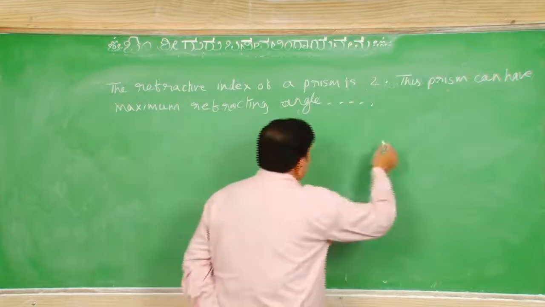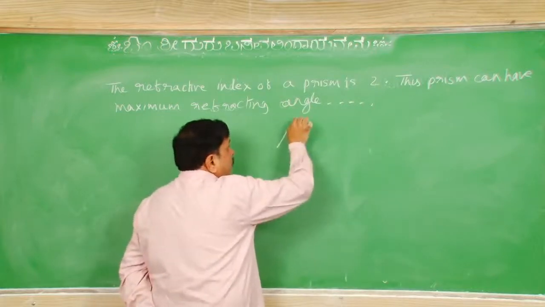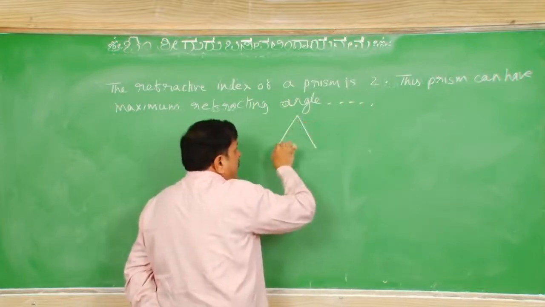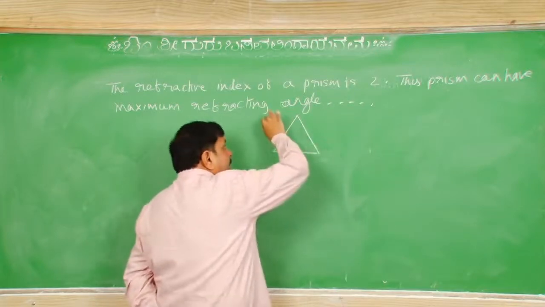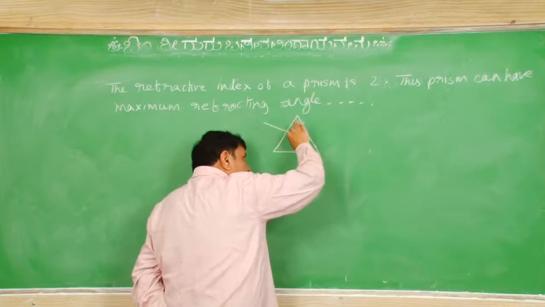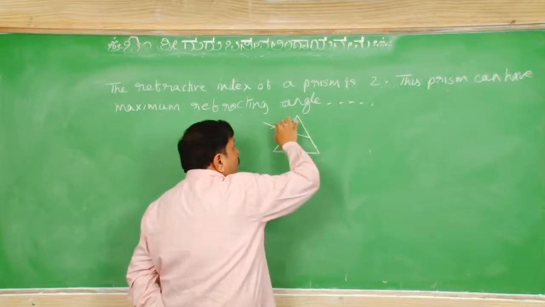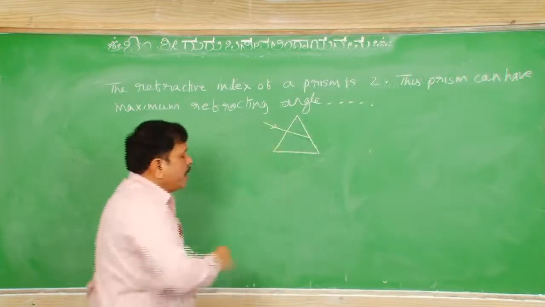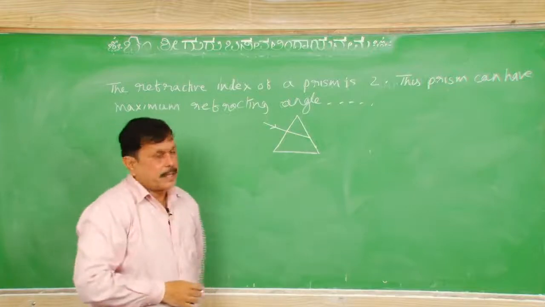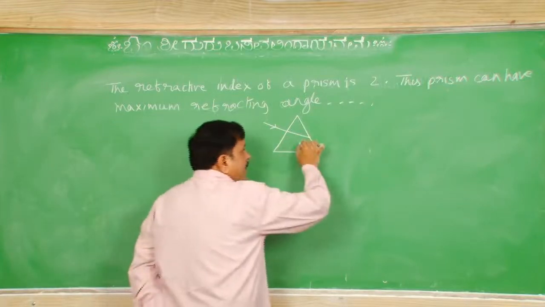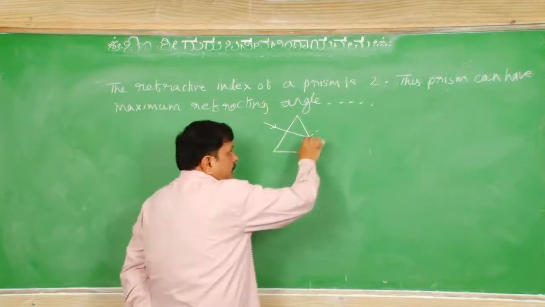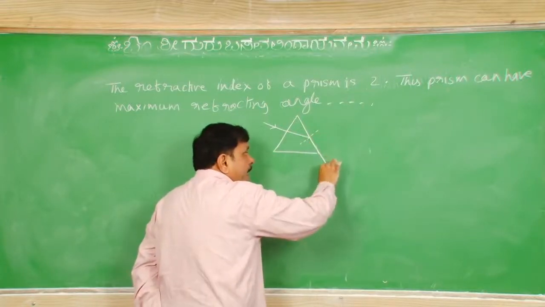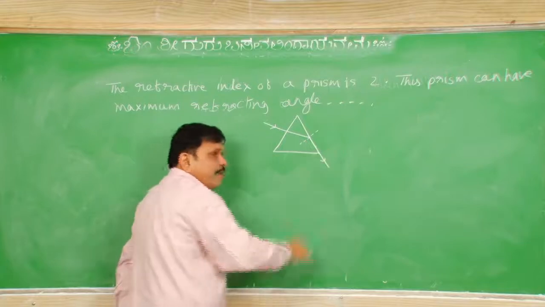Now we know that suppose we have a prism, and a ray of light is incident normally on one face, and it falls at a particular angle on the opposite face. Then it will just graze the surface.